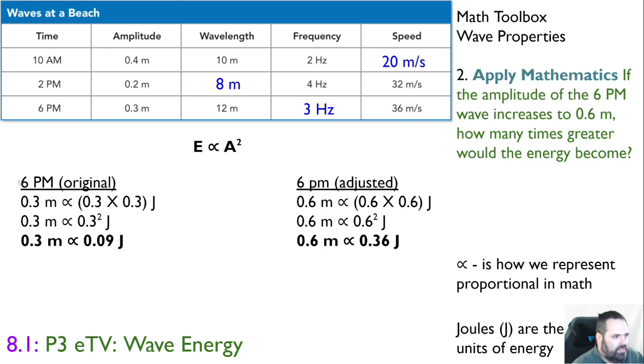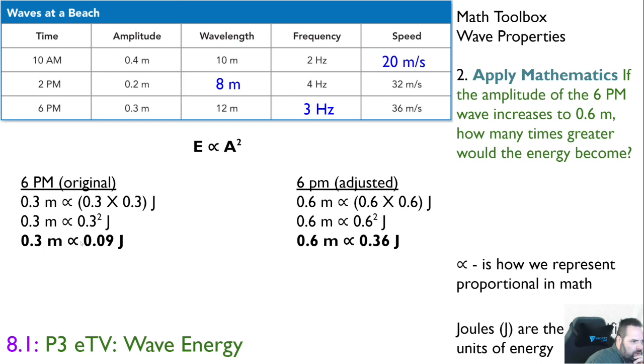Okay. So we start with 6 p.m. The original wave was 3/10 of a meter. That's how high it was, right? Its energy is proportional to that number squared, so we're going to multiply 0.3 times 0.3. We can write that as 0.3 squared, right? And that's joules.